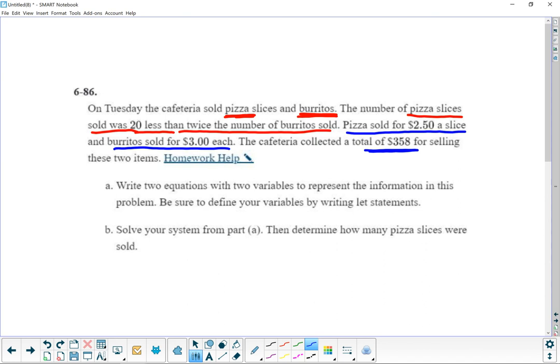So let's just say we're going to let P equal pizza slices, or we'll just say pizza, and we're going to let B equal burritos. The first equation, which I'm going to put in blue, talks about the money.